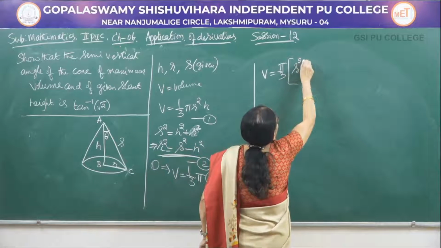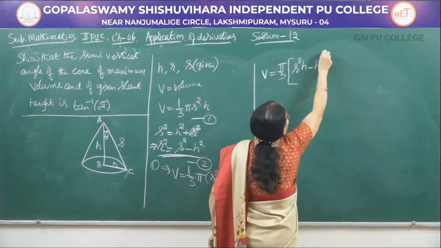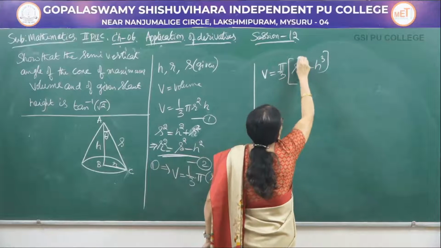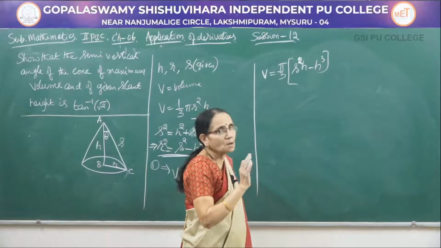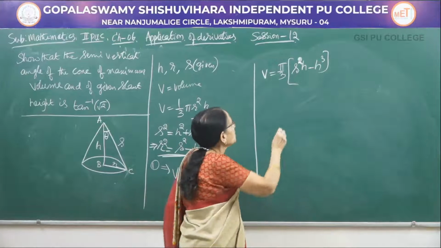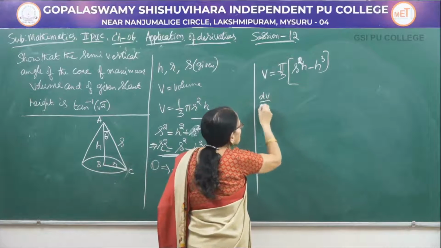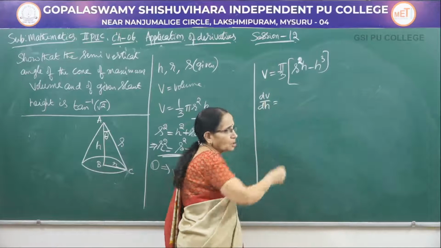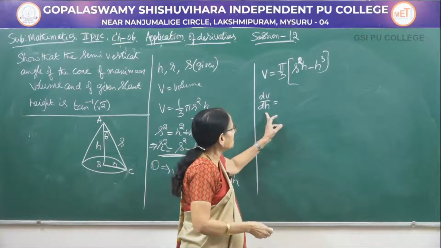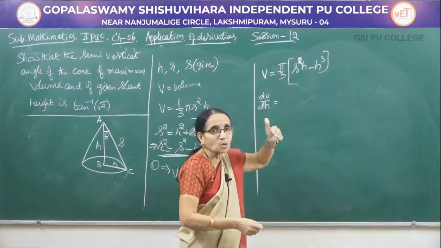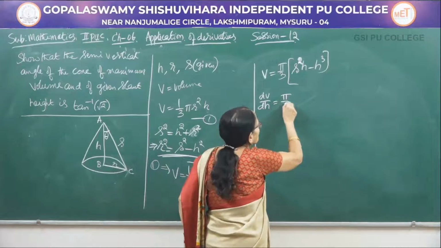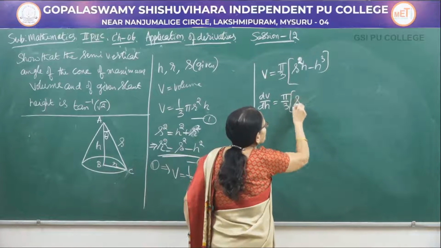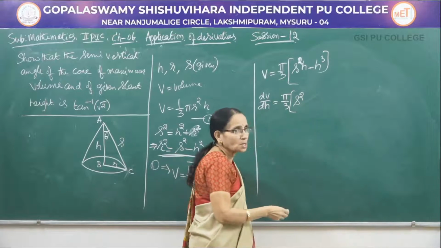It is S square H minus H cube. Now you observe, S is a constant and H is the variable that is left. So we can differentiate with respect to H, or you can write V dash also. I am writing this so that you will know with respect to which quantity we are differentiating. That is pi by 3 into S square, where with respect to H we are differentiating.